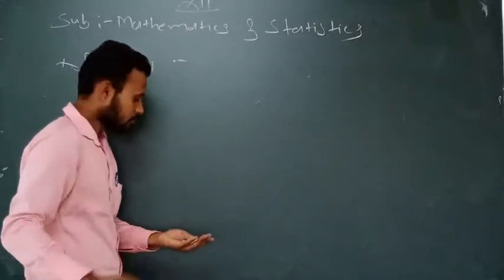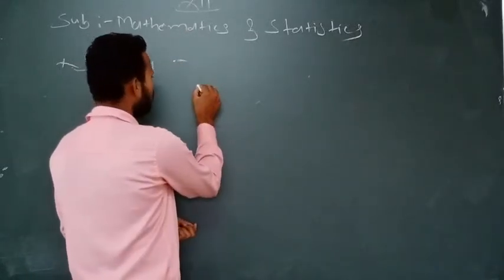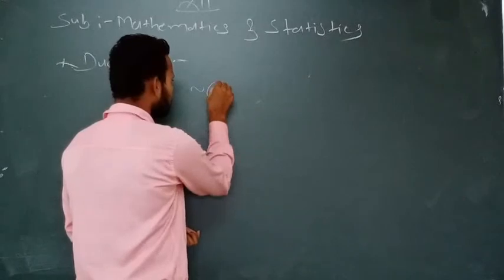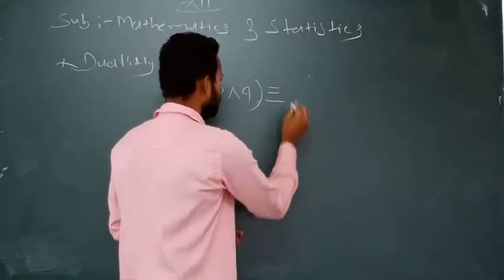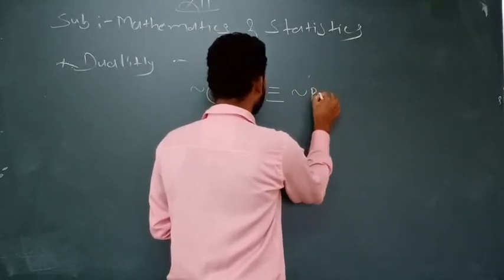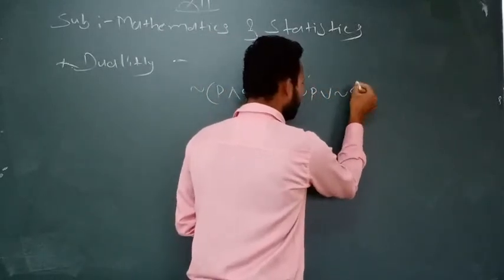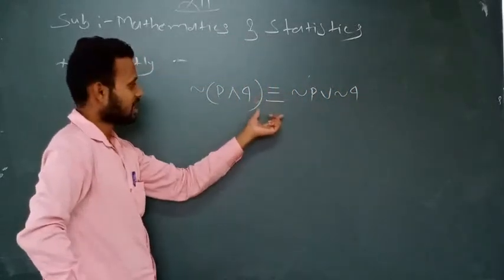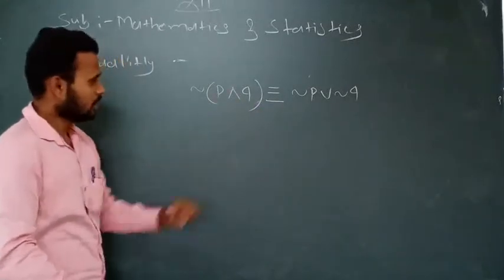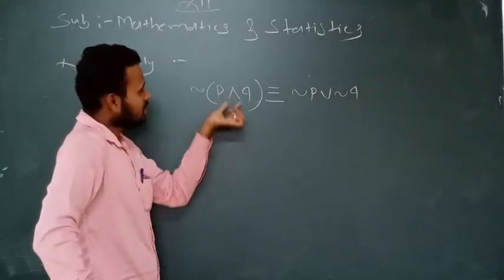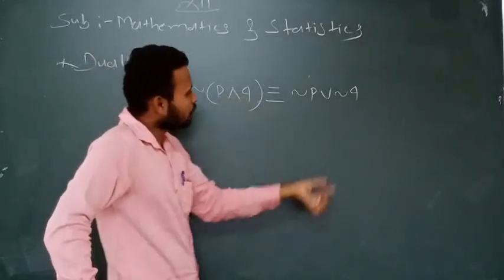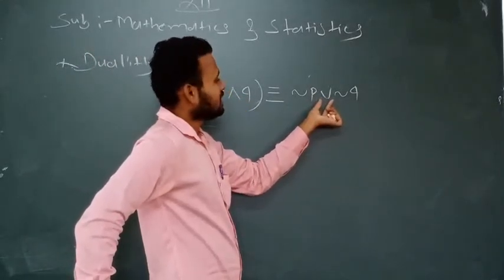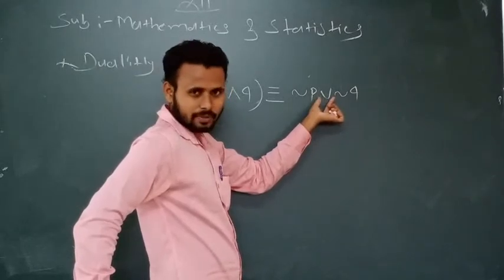Another example: find the dual of the statement negation of (P conjunction Q), which is equivalent to negation of P disjunction negation of Q. Now, simple, in that given statement there is a conjunction, therefore in place of conjunction we will replace disjunction. Here again there is disjunction, therefore in place of disjunction we will replace conjunction.